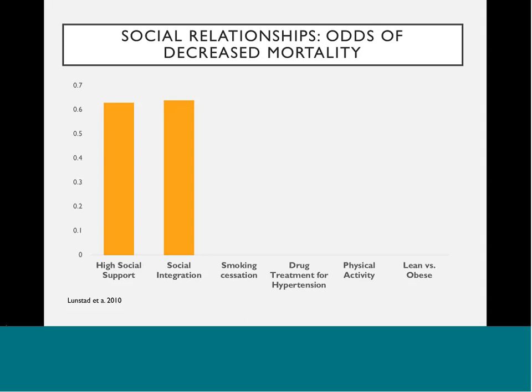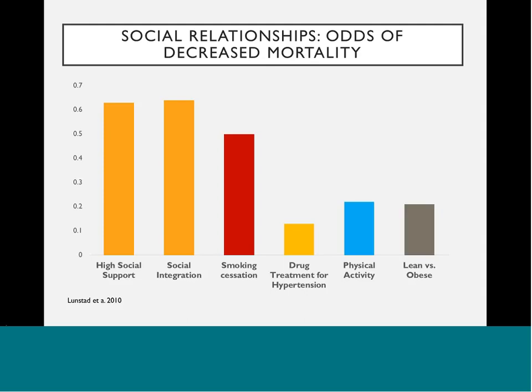But let's compare that to things like smoking cessation. Part of the point of this meta-analysis was to show that the effects are certainly comparable, if not potentially larger, for social support and social integration compared to smoking cessation, drug treatment for hypertension, physical activity, and being lean versus being obese.